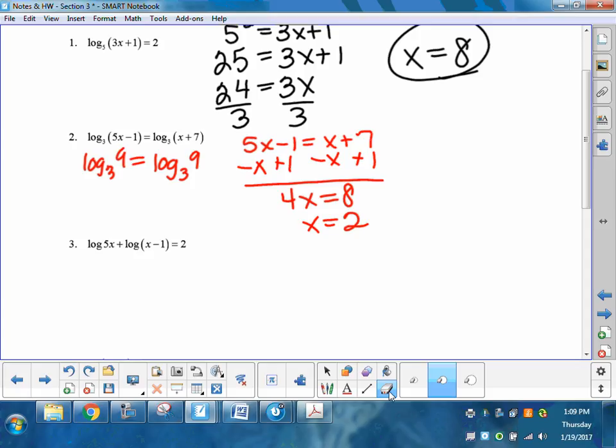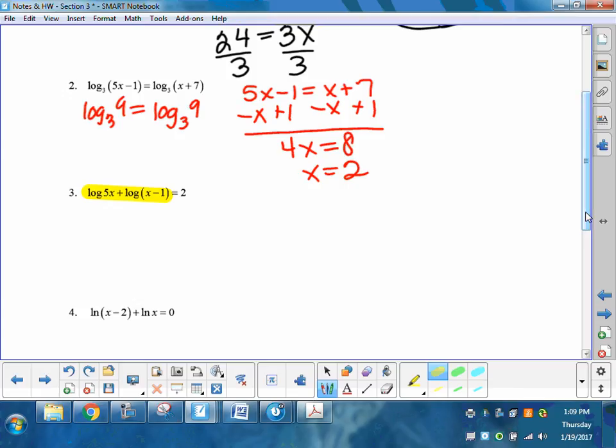When you have two logs added together, what can you do to both of those logs? So this is going to become the log of 5x times x minus 1, and that's going to have to equal 2. Now, which type of question does this match up with that you've done before?